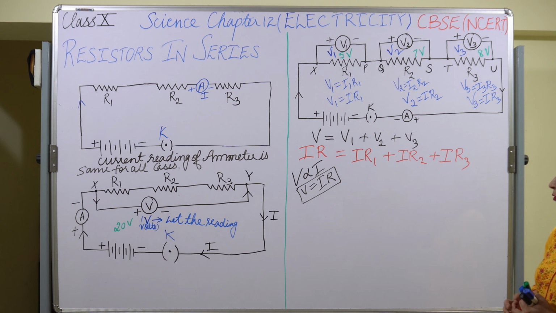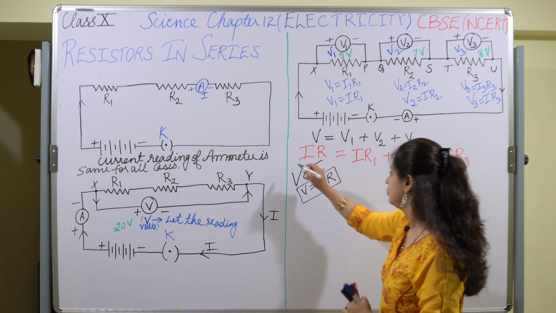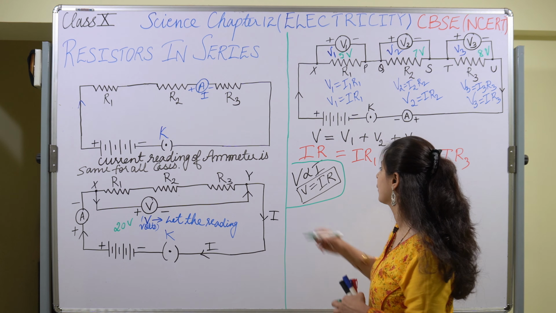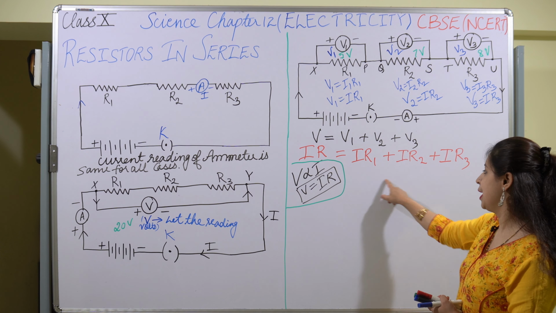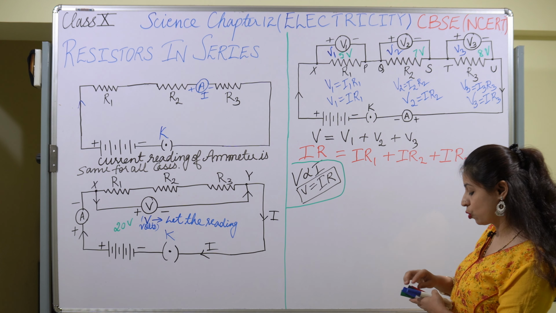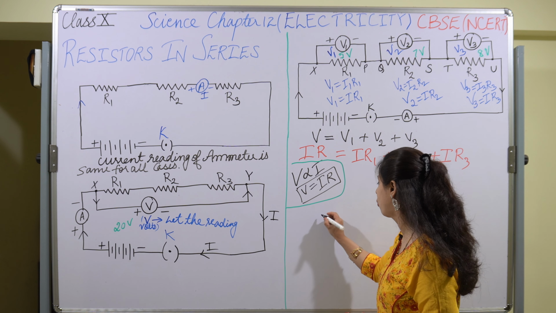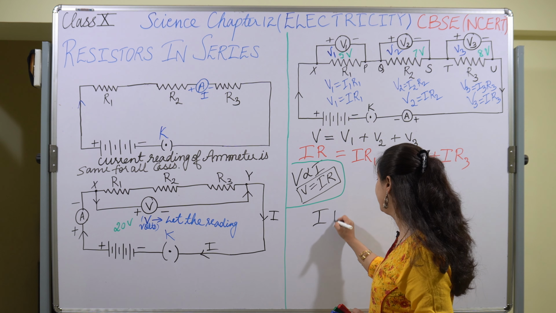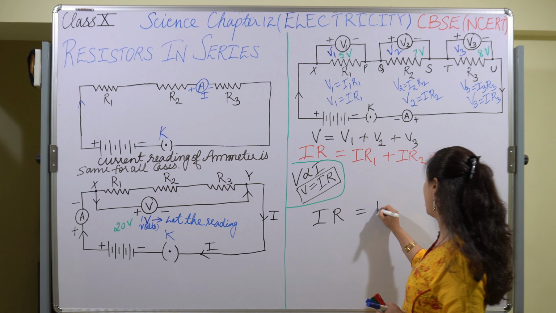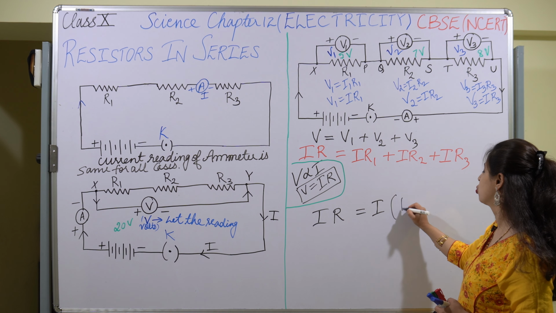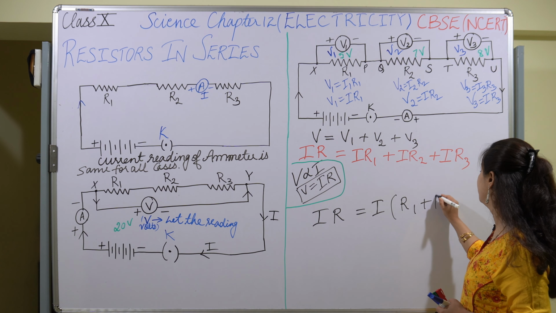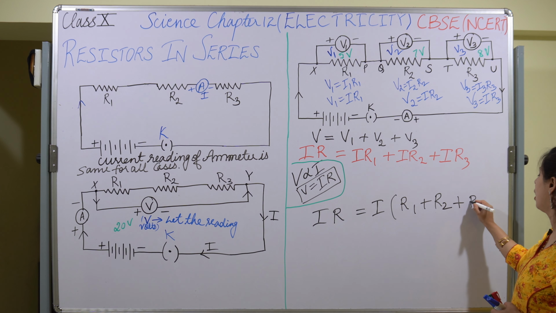So ultimately, we can take I from here as common. So IR is equal to I times R1 plus R2 plus R3.